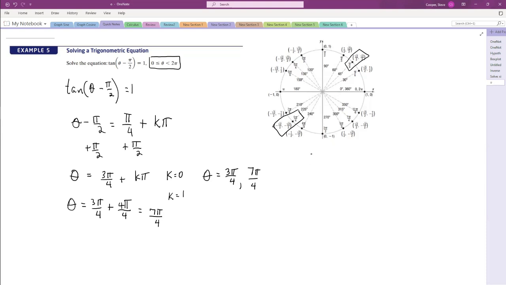Okay, now let's talk about this other possibility. Theta minus pi over 2 could also be equal to 5 pi over 4 plus k times pi.